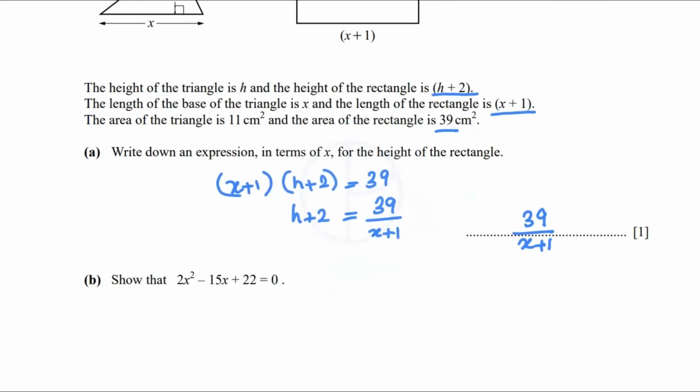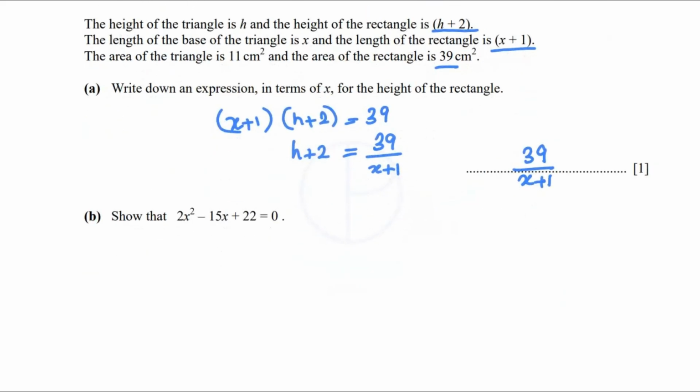So the area of the triangle is half times base, which is x, times height, which is equal to 11 centimeter square. Make h as the subject. So we get 11 times 2, which is 22 divided by x.